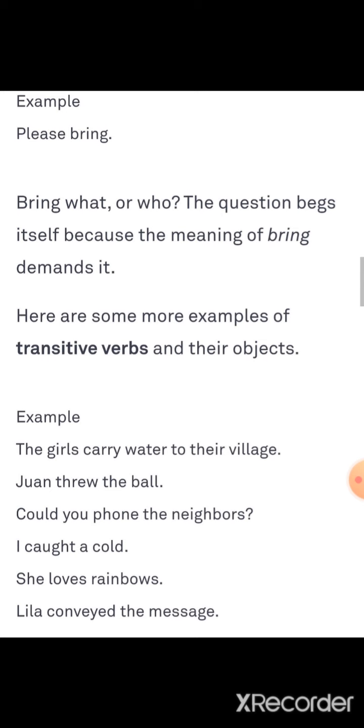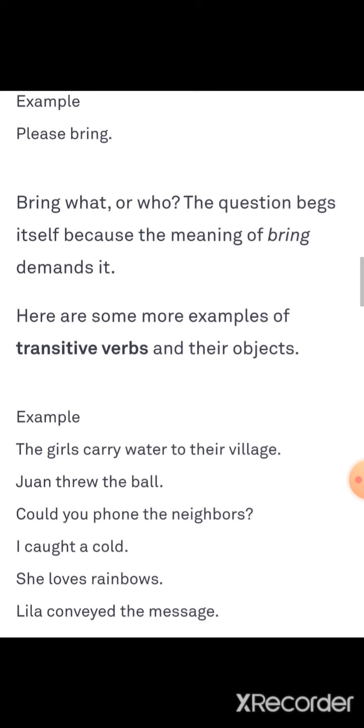So here are some more examples of transitive verbs and their objects. As you can see, the girl carry water to their village. Juan threw the ball. Could you phone the neighbors? I caught a cold. She loves rainbow. Leela conveyed the message.